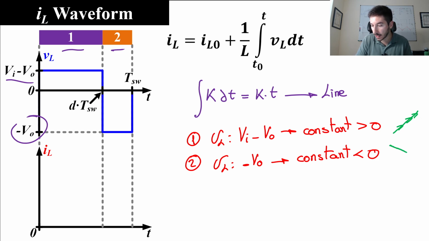We will have a line with a negative slope. Let's try to draw it. Initially, we have an initial current value that we don't know. Let's consider that we start here. And in state number 1, we have a line with a positive slope. Let's consider that we have this.